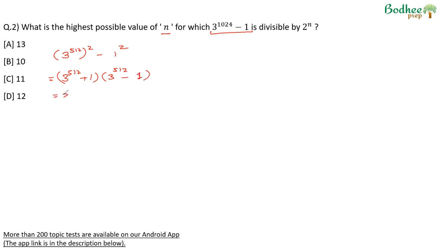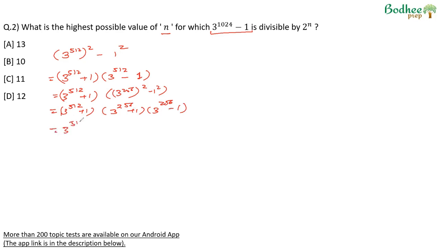The second term again, 512 can be written as 256 square minus 1 square. So this becomes 3 raised to power 512 plus 1 into 3 raised to power 256 plus 1 into 3 raised to power 256 minus 1.